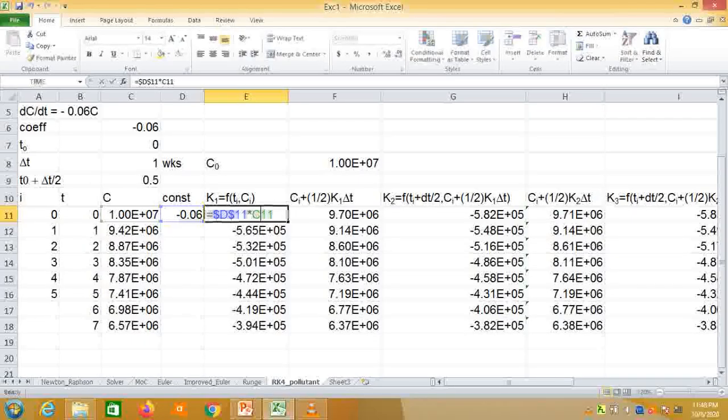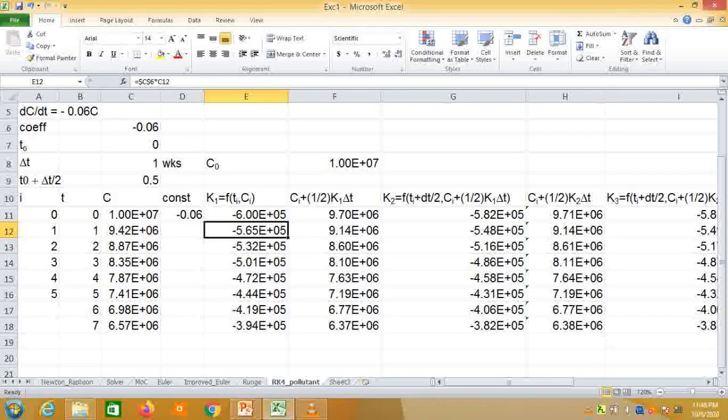Now K2 is the value at the time step of T plus delta T over 2 and concentration of Ci plus half K1 times delta T. So that's the slope at T plus delta T over 2 and at concentration of Ci plus half K1 delta T. We know K1 already.